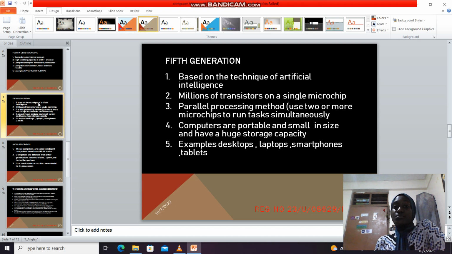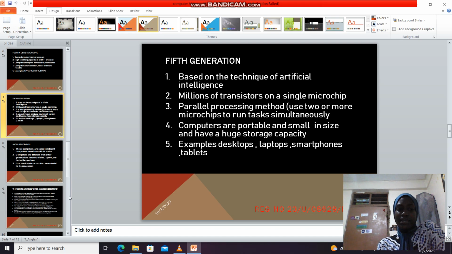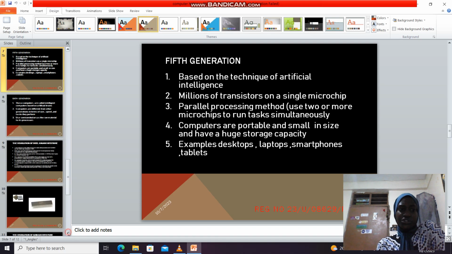The parallel processing method uses two or more microchips to run tasks simultaneously. Computers are portable and small in size and have a huge storage capacity. Examples of these computers are the desktops, laptops, smartphones, tablets, iPads, iPhones. You can mention.